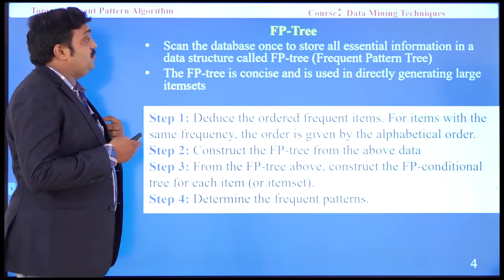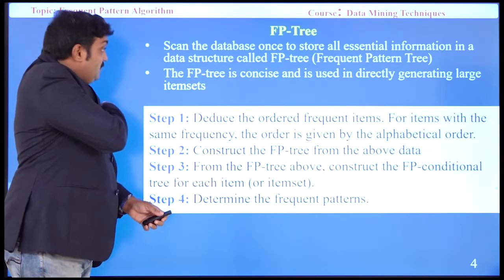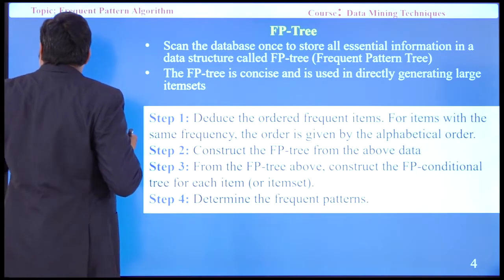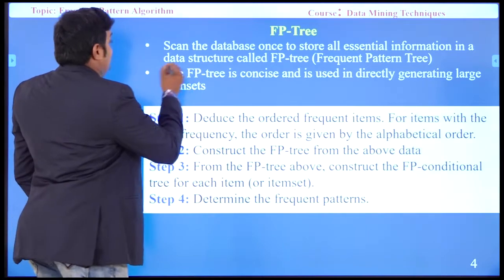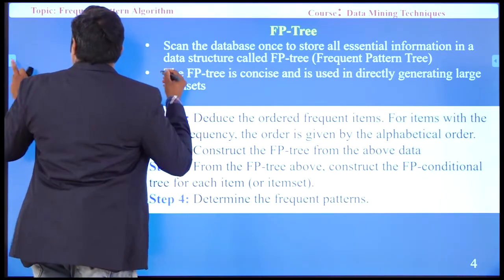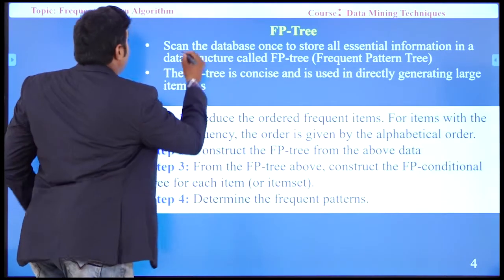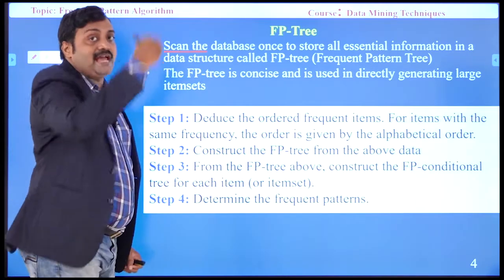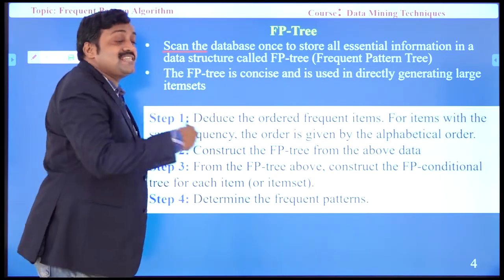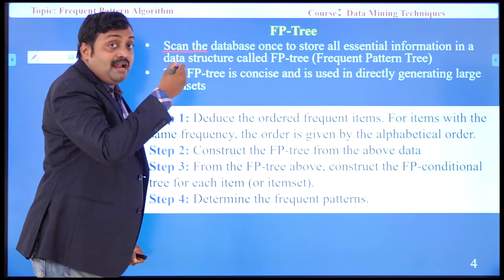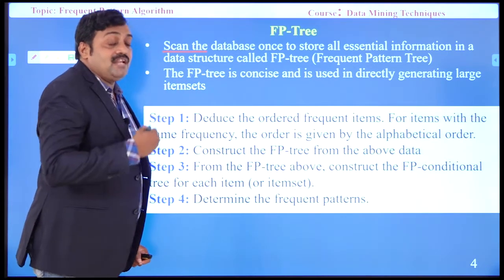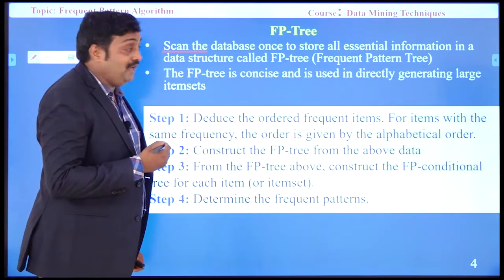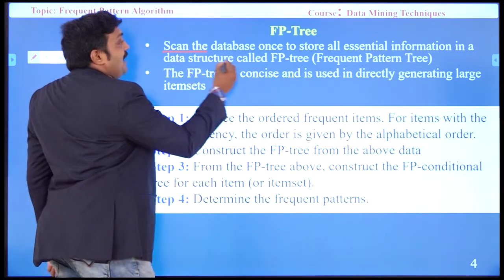What we are going to do in the FP tree, the frequent pattern tree, is simply scanning. Like in the Apriori algorithm, we do the scanning, but we do the entire database scanning only once. Once scanning is done, we identify all the items available and find out the support of each item.